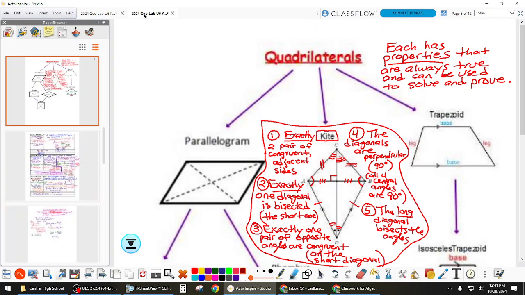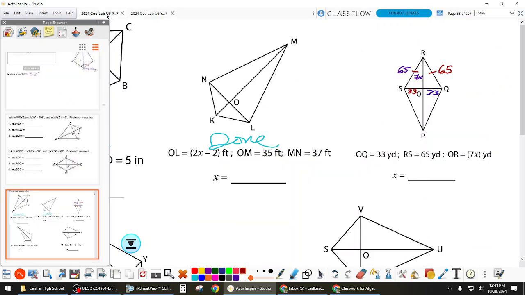So again, all we're doing is going through the property list. Do I know anything about any opposite angles? No. I know they're congruent, but I wasn't told any angle measures, so I can't use property 3. Property 4, the diagonals are perpendicular. Yeah, you bet, I need that. That means this is a 90, and so is the other side.